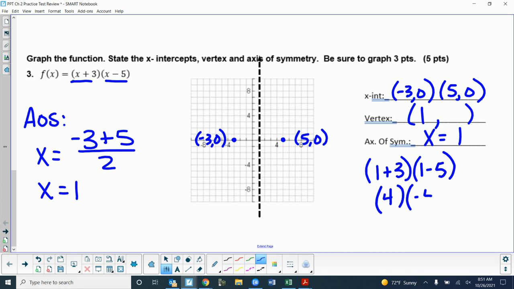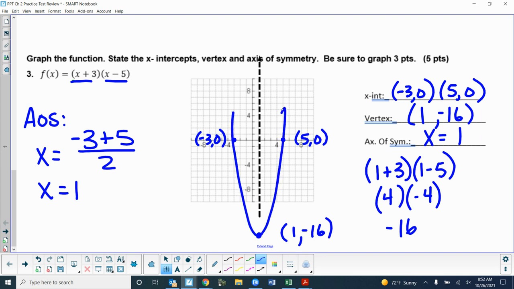And 1 minus 5 is negative 4. When I multiply those, that's negative 16. Okay, so on my graph, it's kind of hard to find that spot. So I'm going to make a point down here and just say that's 1, negative 16. Okay, you don't have to make sure it's exact. And then there's our graph.